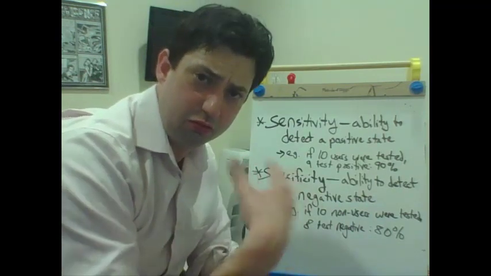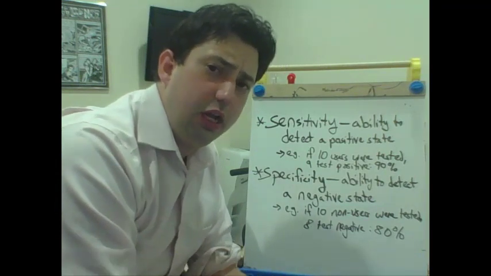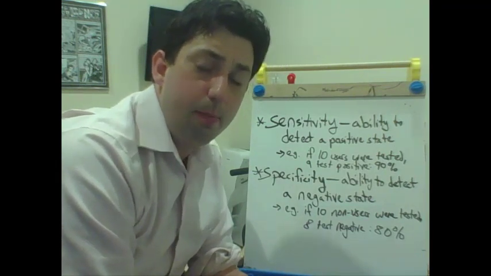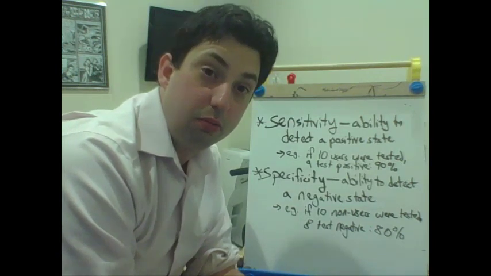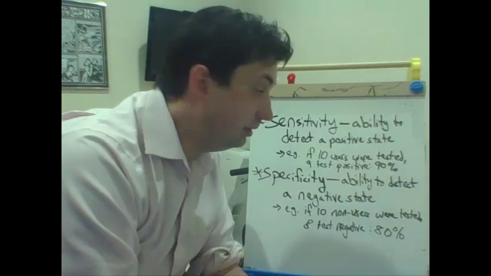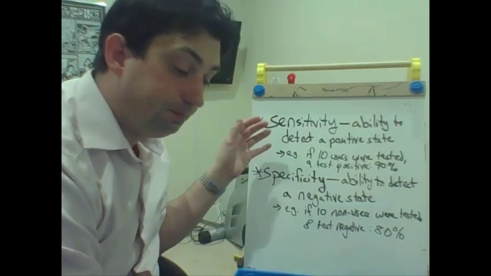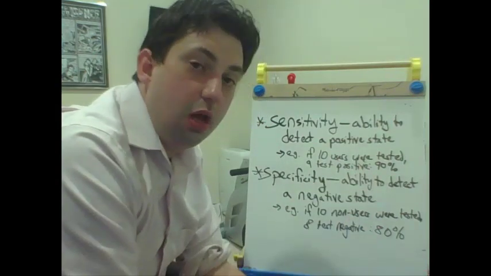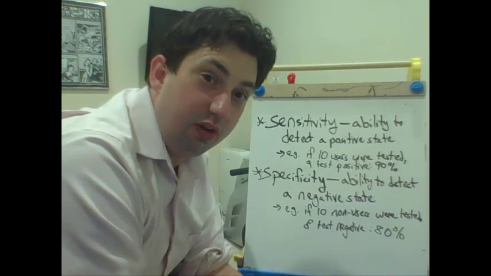It doesn't have to be a literal drug test or a test for disease. It could be some method you're using to parse out what's going on based on imperfect information. That basic idea happens a lot. Sensitivity is the ability to detect a positive state, whatever we're really testing for, whatever we're trying to seek out.